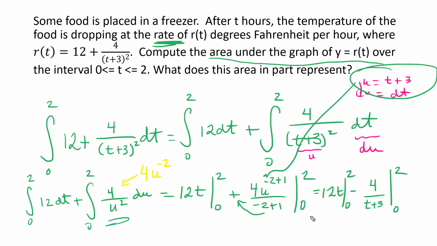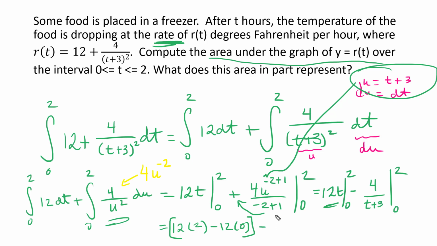And so from here, now you're home free, meaning that you would do your fundamental theorem of calculus, where you plug in 2, and then you plug in 0. So that is just this piece.